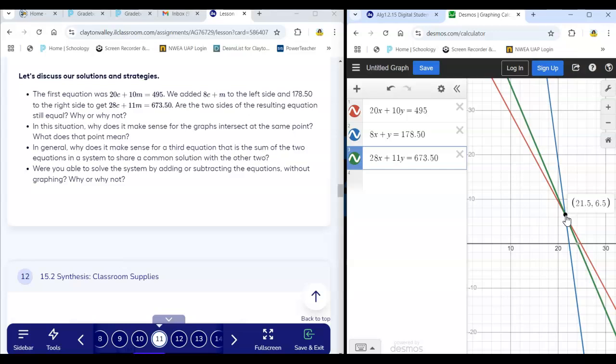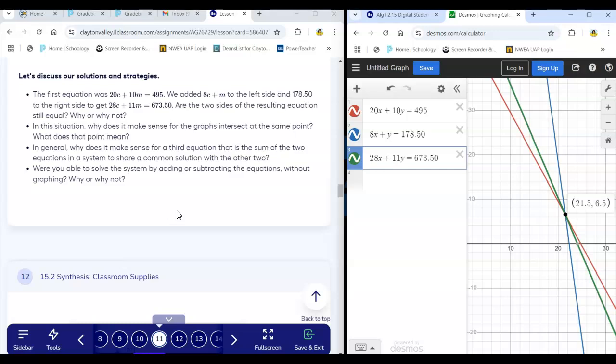Why does it make sense for a third equation that is the sum of the two equations in the system to share a common solution? And think about this last question too. Were we able to add or subtract them without graphing? We talked about that a little, but the answer is no. No, we could not.